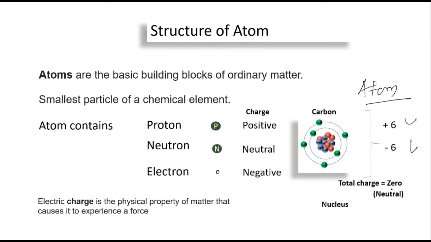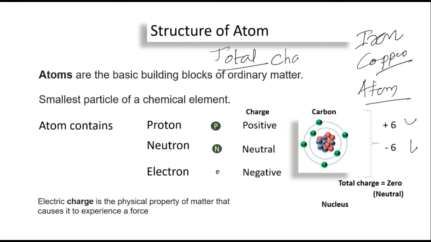Therefore, to summarize, atoms of all the pure elements, maybe you take an example of iron or aluminium or copper or any element you take, the total charge of an atom is always neutral.